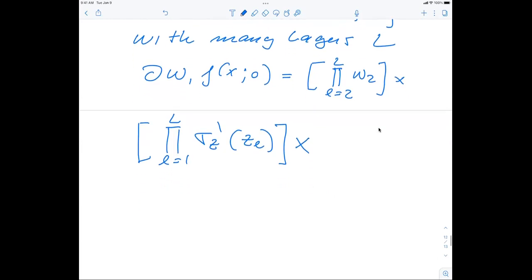And this z of L, if we look into it, is the same as the output.